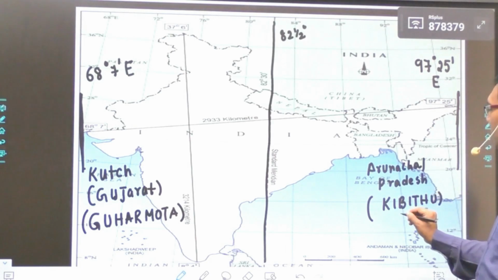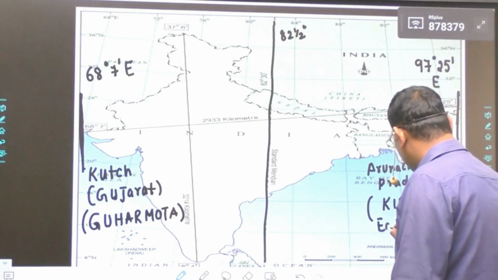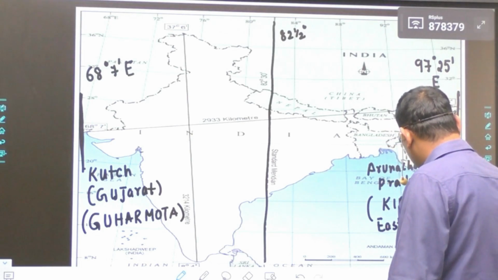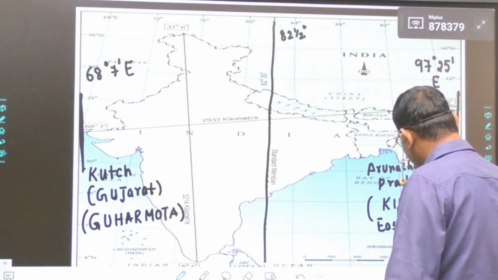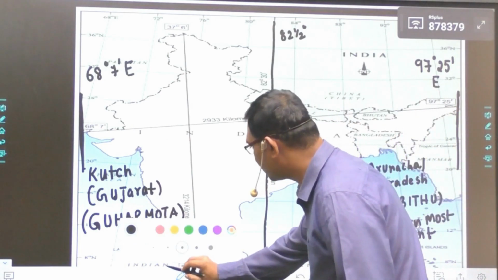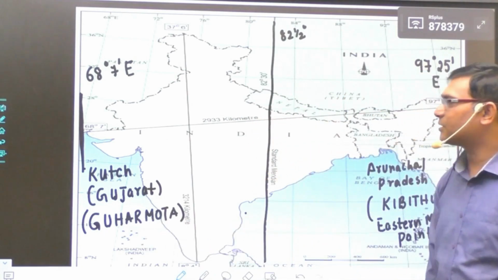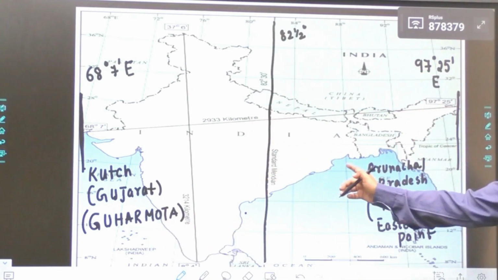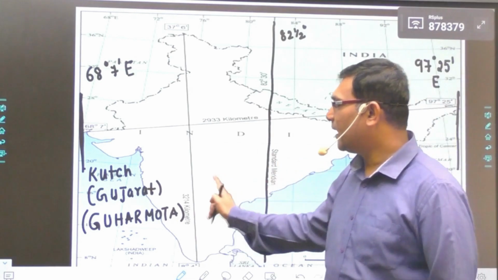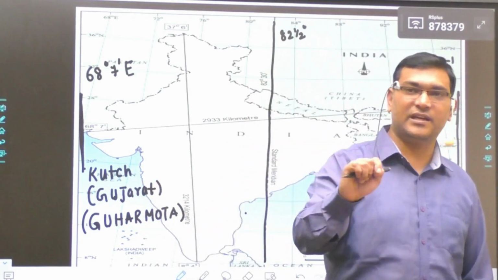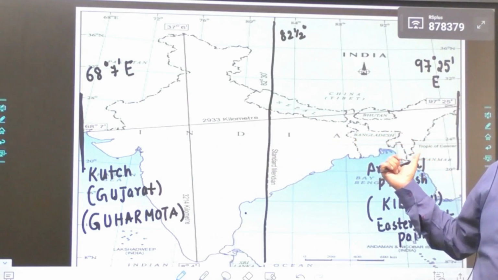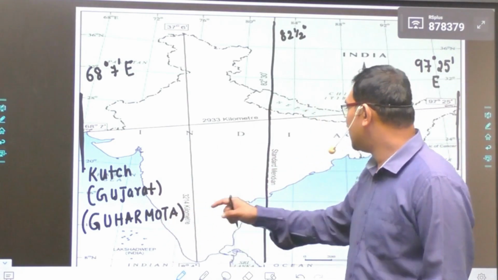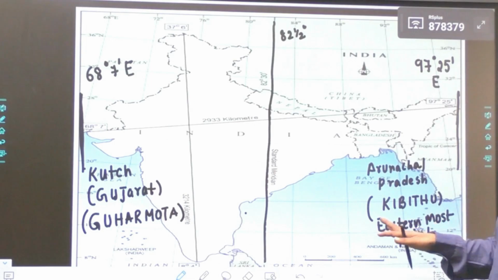Kibitu is the easternmost point. Am I clear here? Yes or no? You see, Kibitu is the easternmost point, and Guhar Mota is your west and this is your east. Guhar Mota is the west and Kibitu is the easternmost point of India.